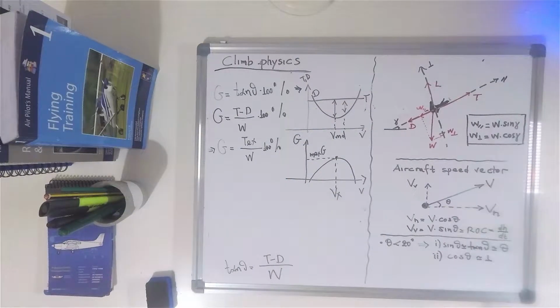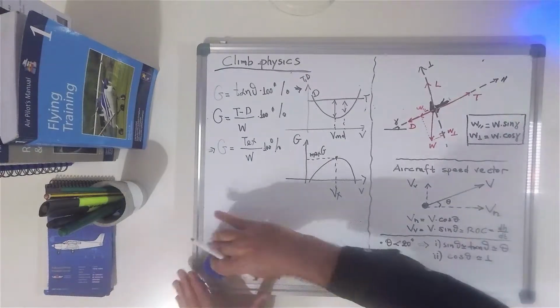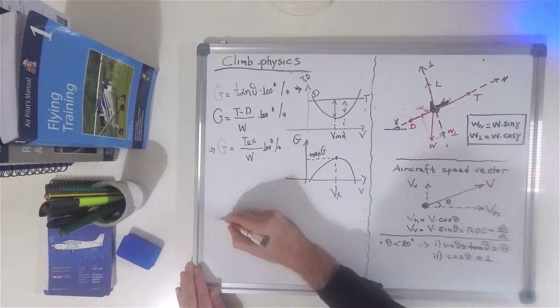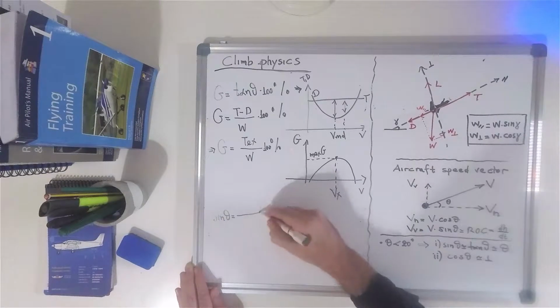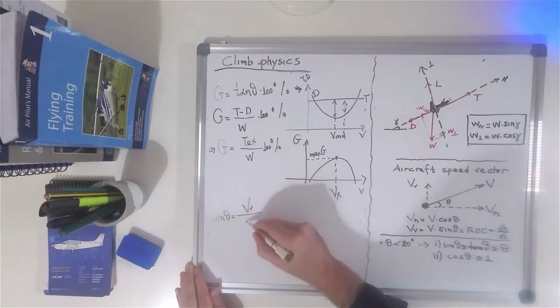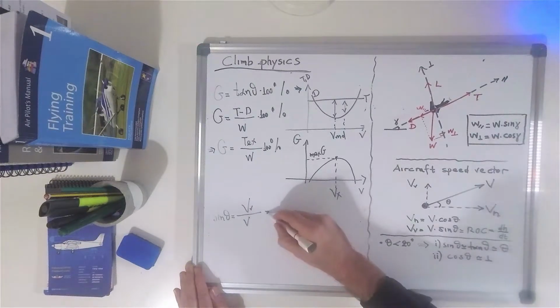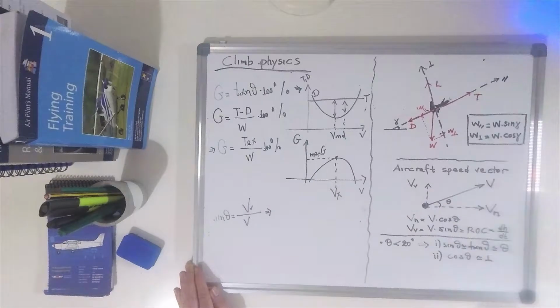Finally, we'll examine the relationship between rate of climb and climb gradient. Rate of climb is not independent from climb gradient, since if we take a look at the speed vector, we can see that the sine of the angle of climb is the vertical speed divided by the airspeed.